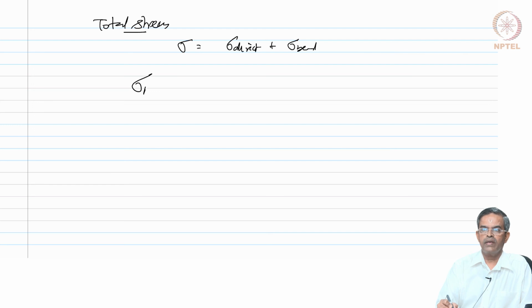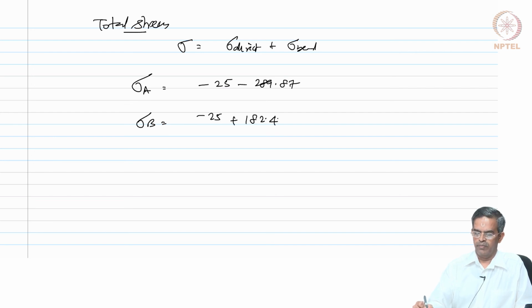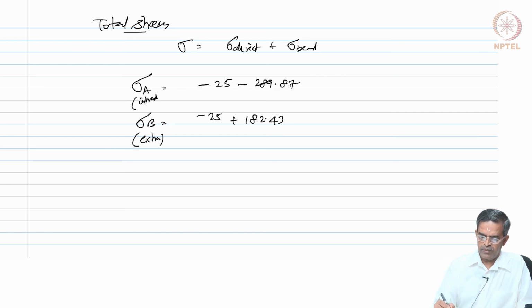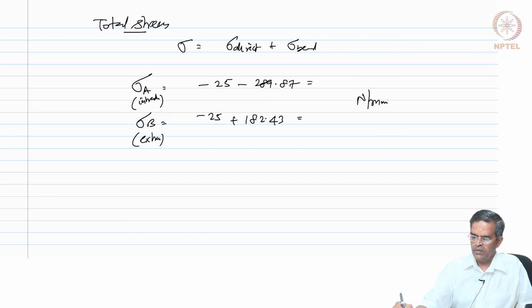So, if we want to find at point A, which is minus 25 minus 289.87, stress at B, which will be minus 25 plus 182.43. So, B is any point on extradas and A is any point on intradas. I can find these values in Newton per mm square. This will be compressive, this will be tensile.